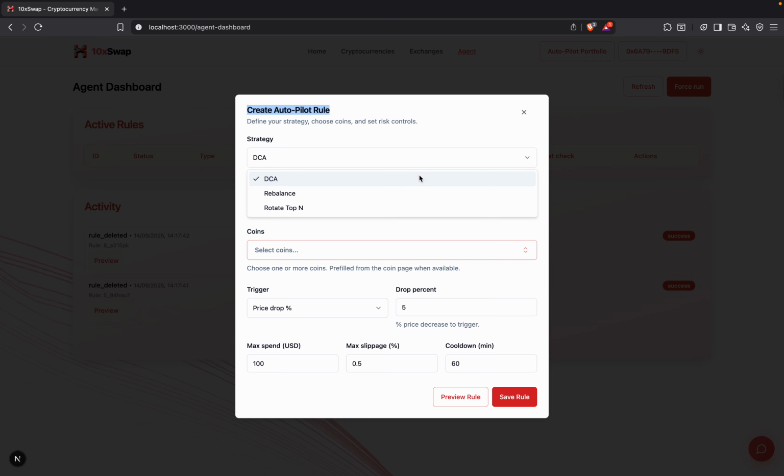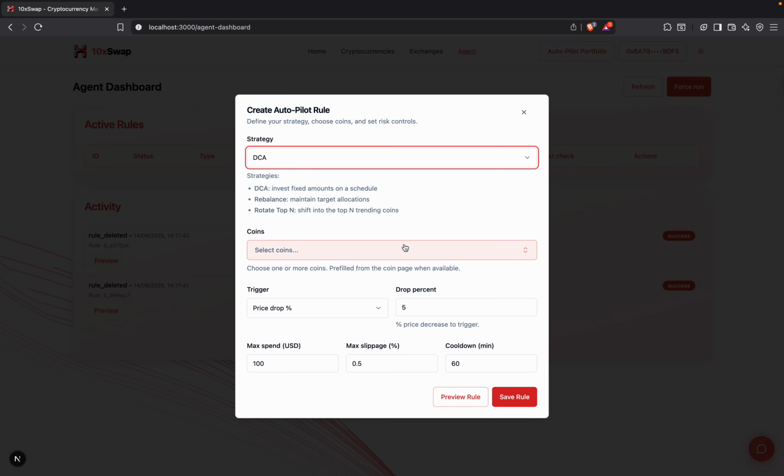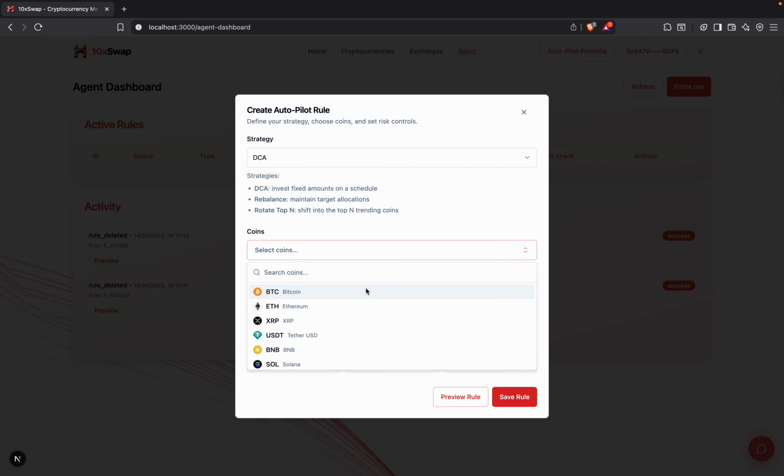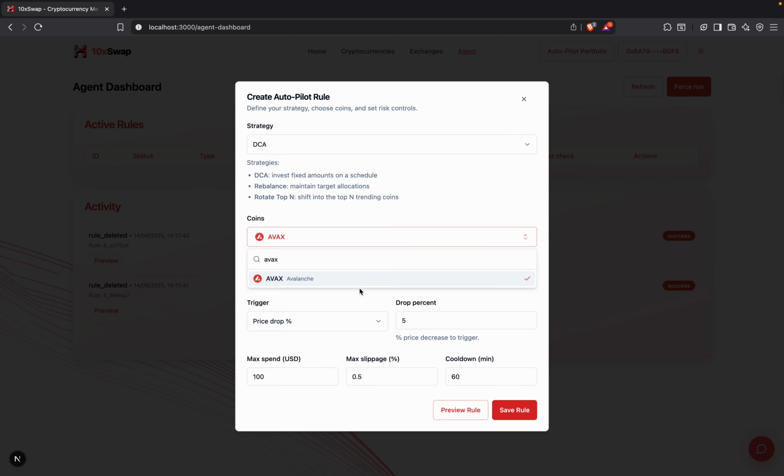Each of the strategies needs to be selected by the user depending upon what he or she wants. Maybe invest a particular amount of coins on a schedule, maybe rebalance to maintain a target, or maybe shift into the top trending tokens.